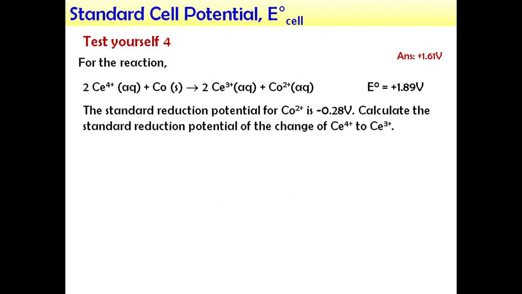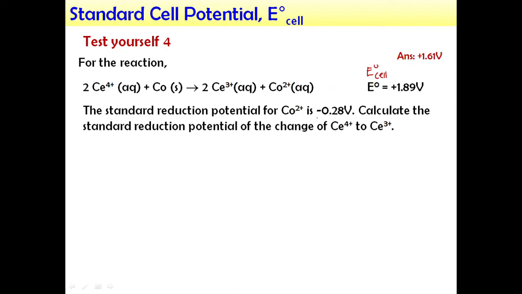Test yourself 4. Okay, you are given a reaction with the E0 value. Jadi, kalau dah ada full equation, ini akan jadi E0 cell. Okay? Jadi, dia bukan reduction potential lagi because dia bukan melibatkan half. Ini adalah full equation.